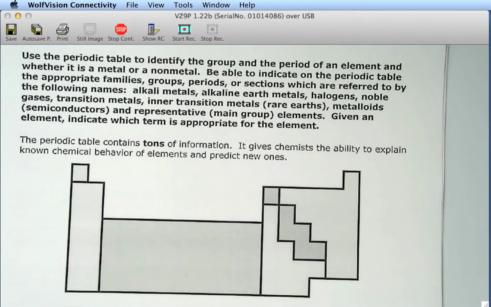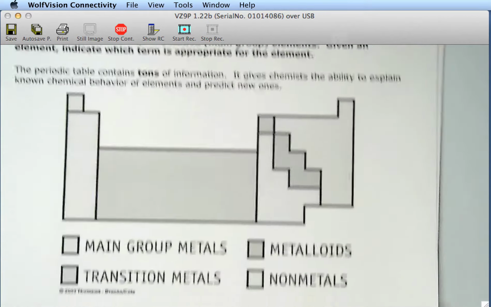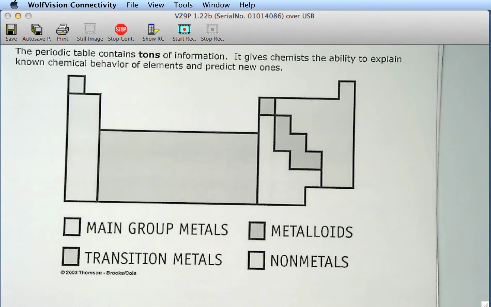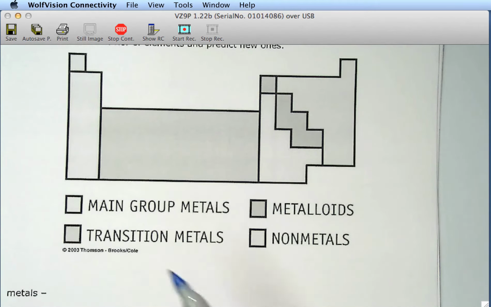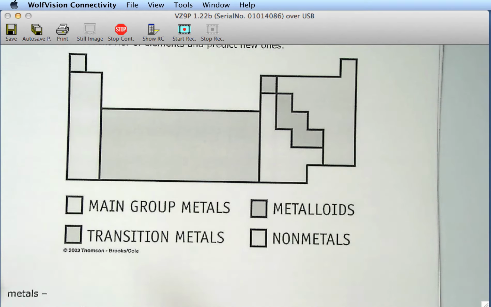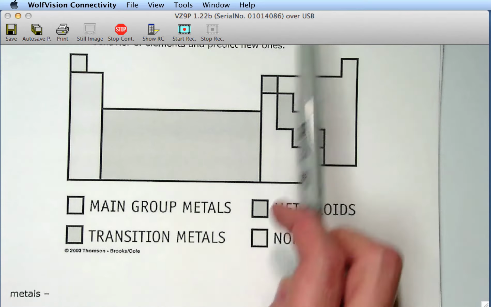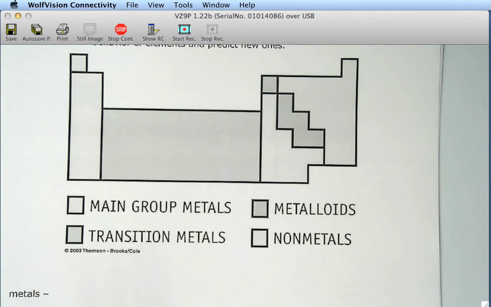It seems like an intimidating list, but you will know this very quickly. This is kind of a rough outline of the periodic table here. You will find 3 groups, metals, nonmetals, and metalloids, and we're kind of addressing each one of these entries in the objective.